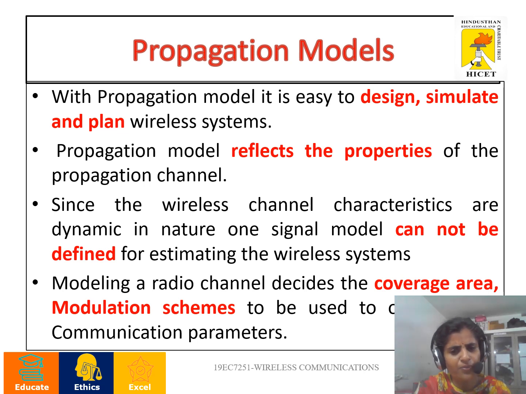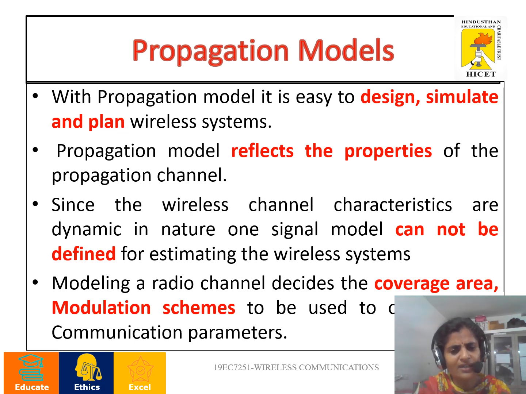Also, the propagation model reflects the properties of the propagation channel, either line of sight or non-line of sight propagation. Since the wireless channel characteristics are dynamic in nature, one signal model cannot be defined for estimating wireless systems. Using the propagation models, we estimate the power or the signal received at the receiver end.